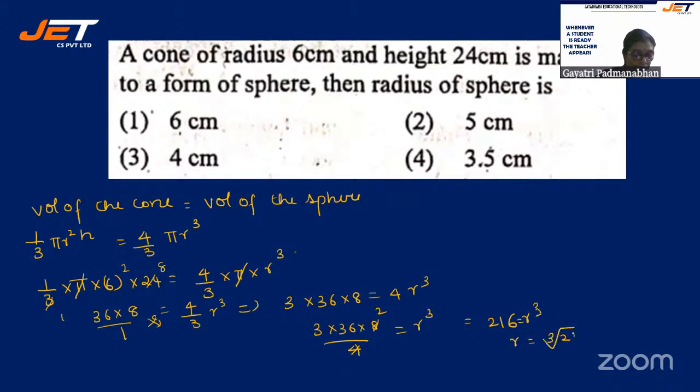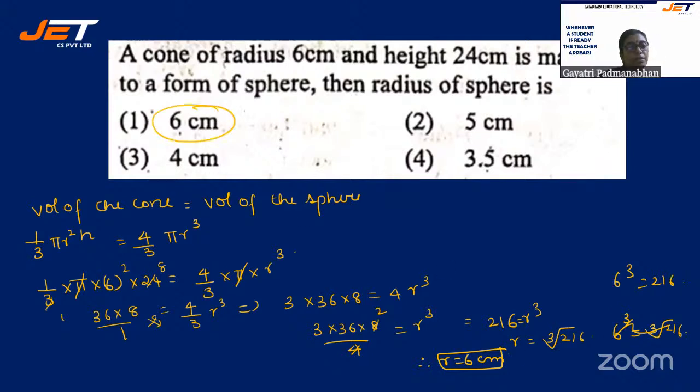Cube root of 216. 6 cube is 216. Therefore, r is equal to 6 centimeter. So your option must be option 1.